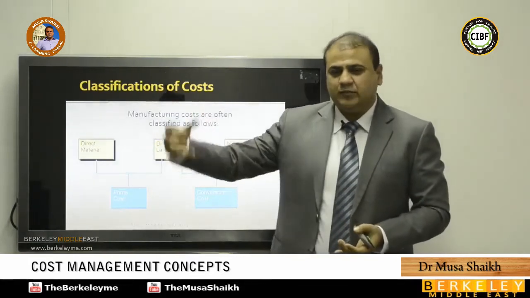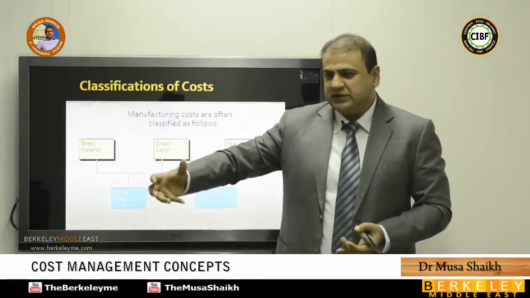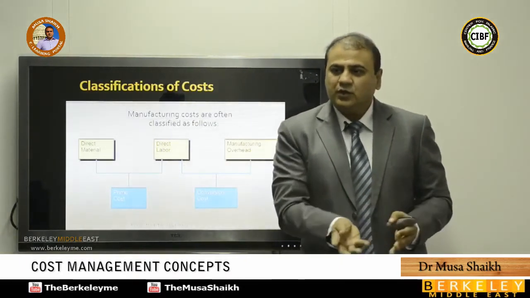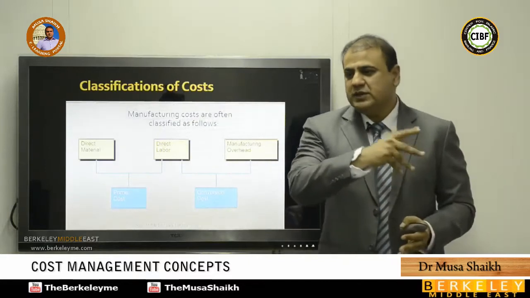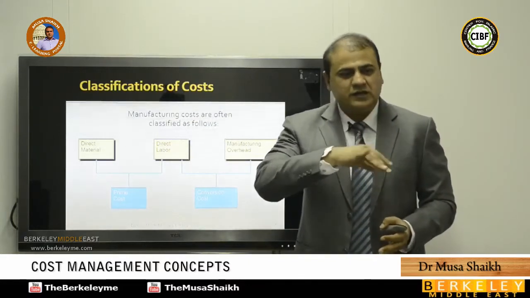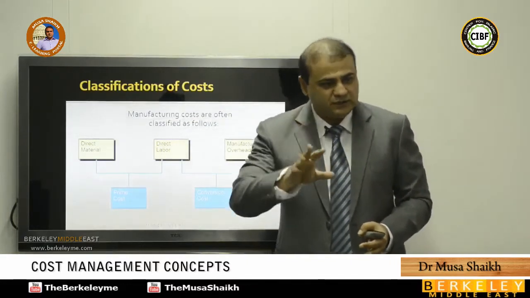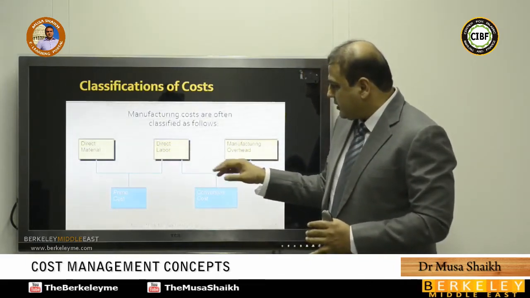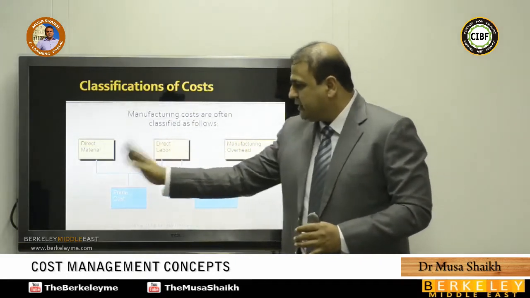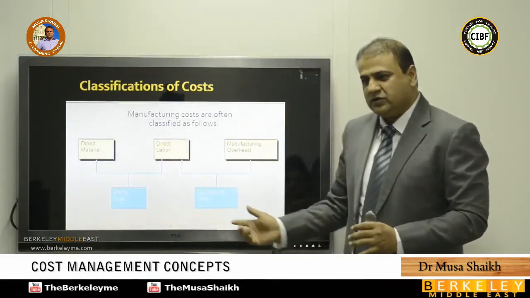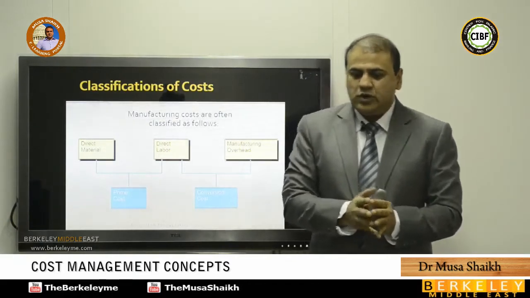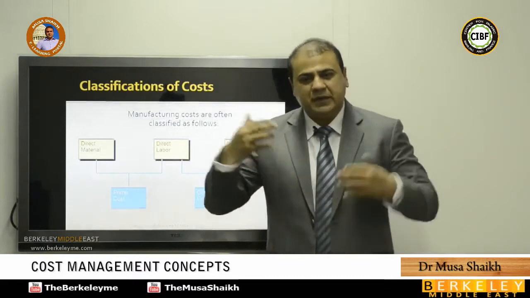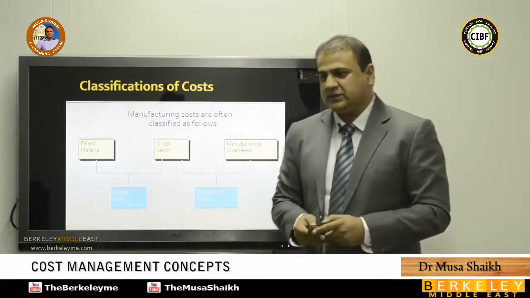I will take the timber, the wood, that is my material, and I will apply labor and overheads. I will convert them into bedrooms, cupboards, sofas, any other things. So that will be manufacturing and DL. Like you can see, material is not part of the conversion, because conversion means we are going to convert, so we need people and we need the place and the related expenses.